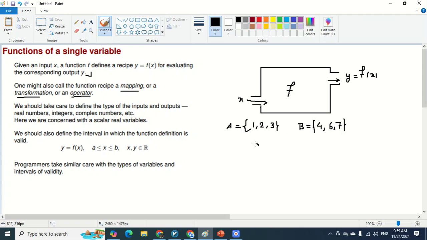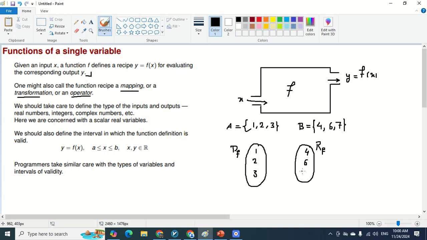For instance, we can put them in one shape like this and put all the entries as the domain of that function, which we denote by D of f, and we put the values 1, 2, 3 there. The corresponding values on the right side determine the range of this function, and we denote it by R of f, and it contains the values 4, 6 and 7.